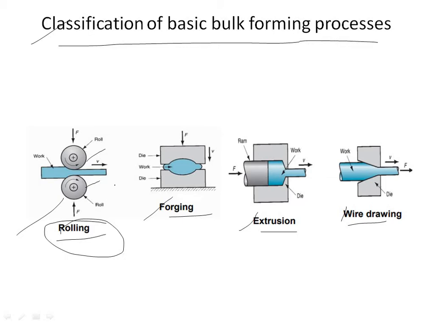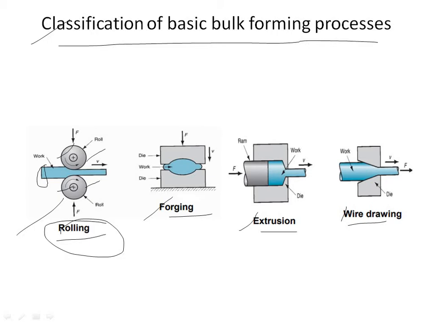In this process, the workpiece in the form of a slab or a plate is compressed between two rotating rolls, that is the upper roll and the lower roll.